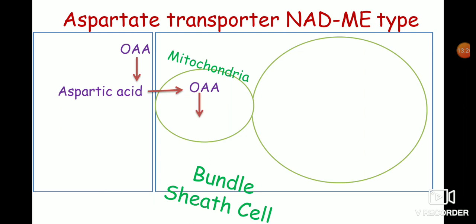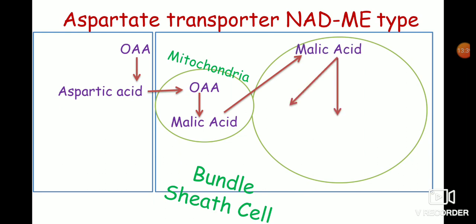The oxaloacetic acid is then reduced to malic acid. The malic acid then enters into the chloroplast of the bundle sheath cell where it undergoes oxidative decarboxylation forming carbon dioxide and pyruvic acid.